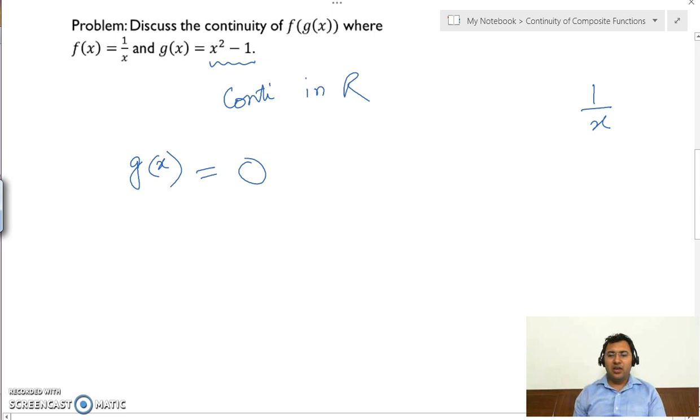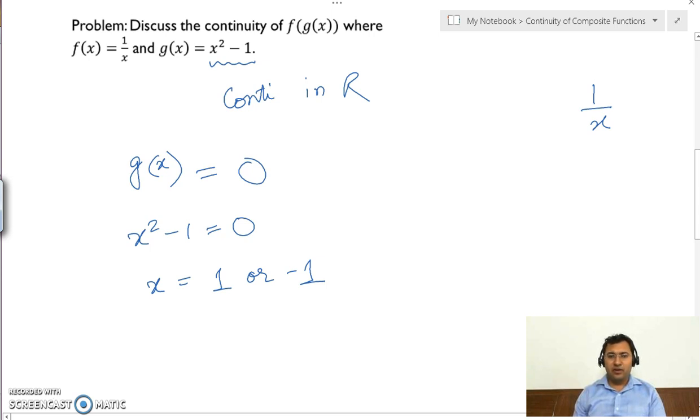We will check if g(x) is capable of taking value 0. If yes, then at what values of x? So g(x) will be 0. This gives us x square minus 1 is equal to 0, so x is equal to 1 or minus 1. We get two values of x where g(x) becomes 0.